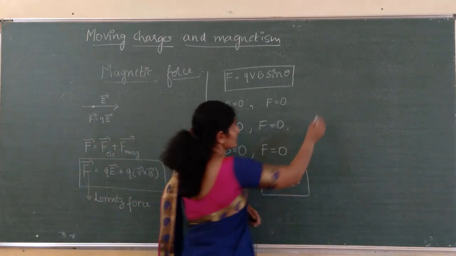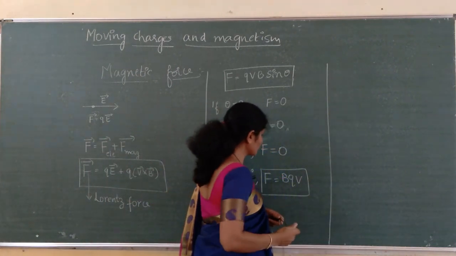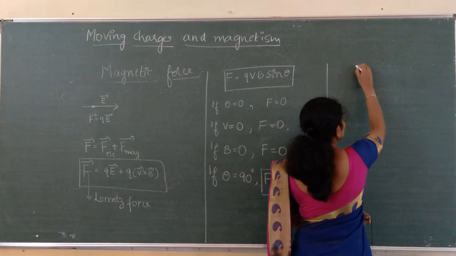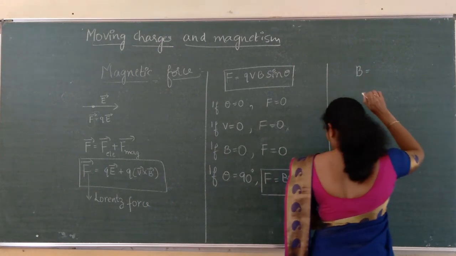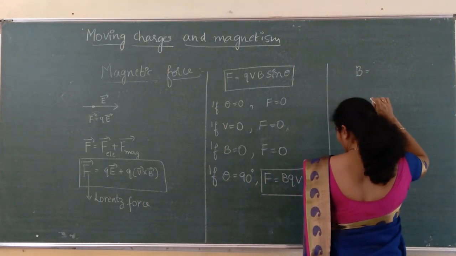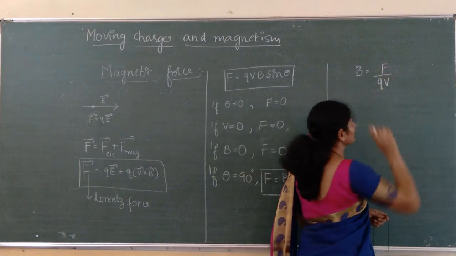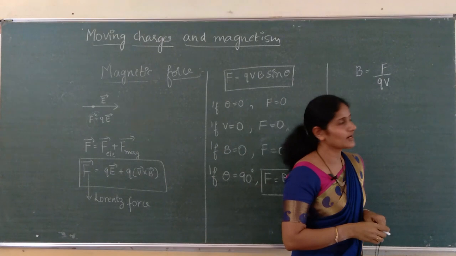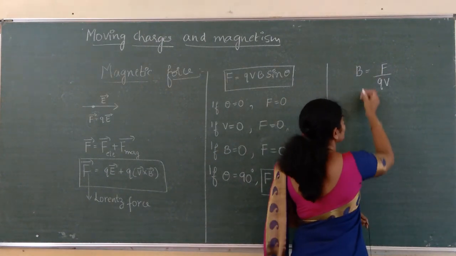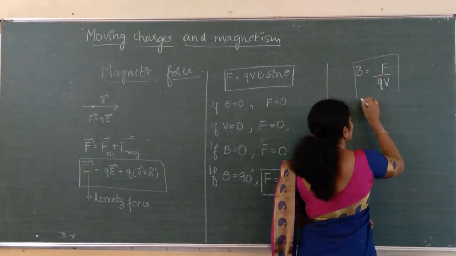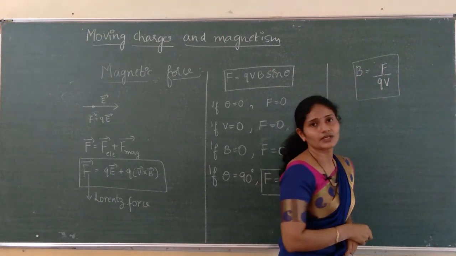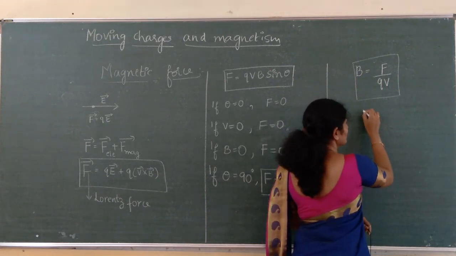So, from this expression F is equal to BQV, in terms of magnitude of magnetic field, B is equal to F divided by QV. What is the SI unit of force? SI unit of force is Newton.